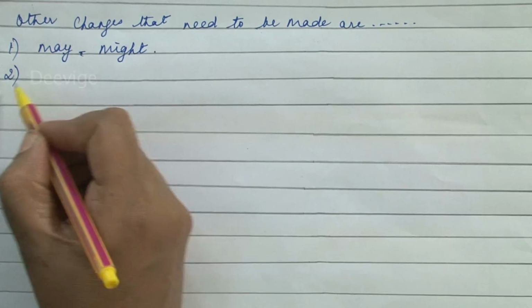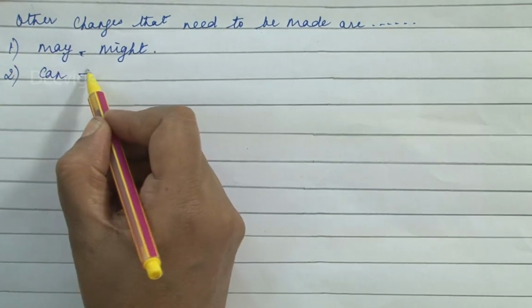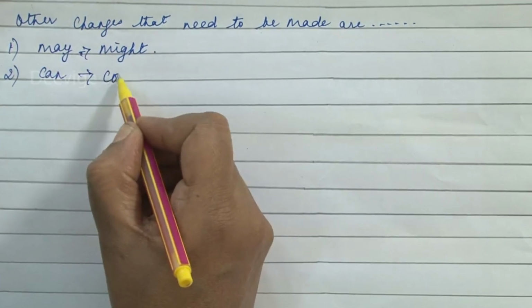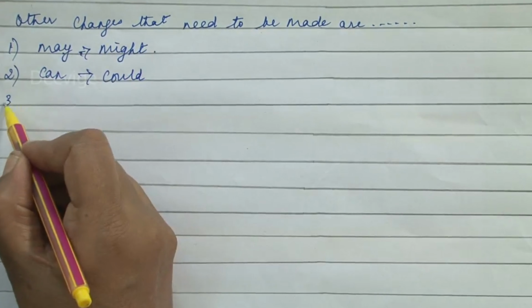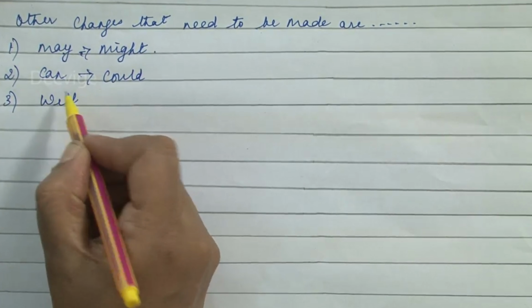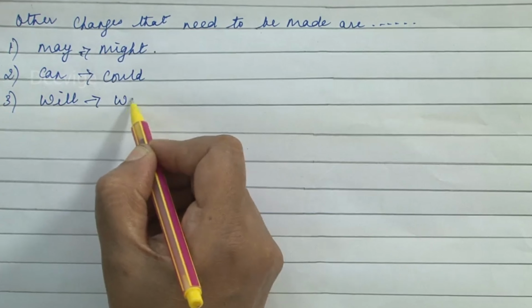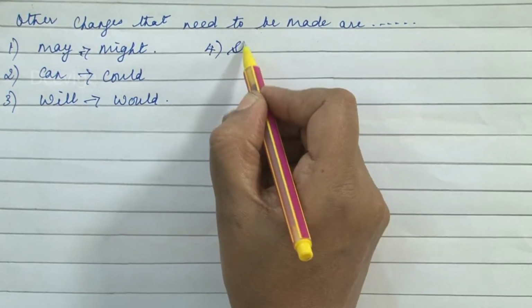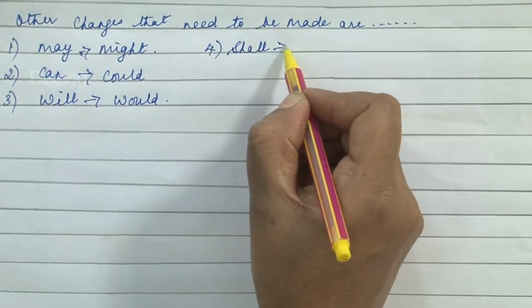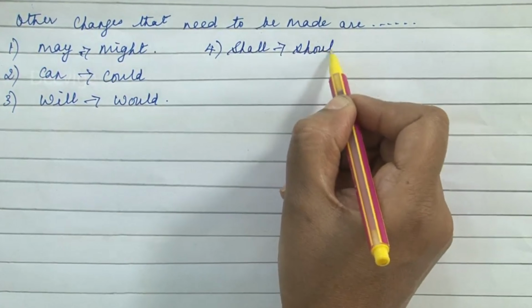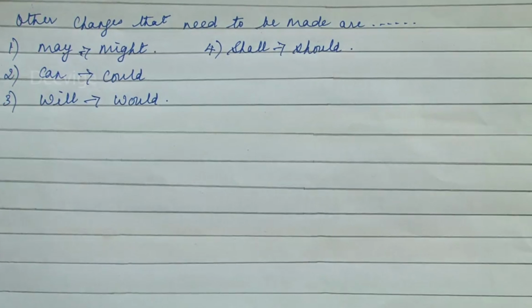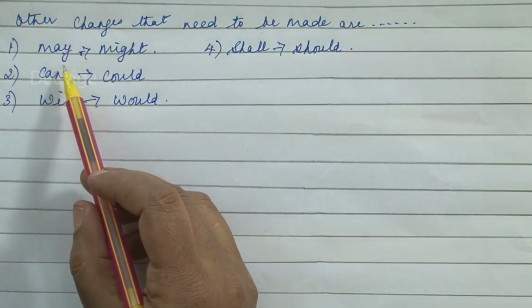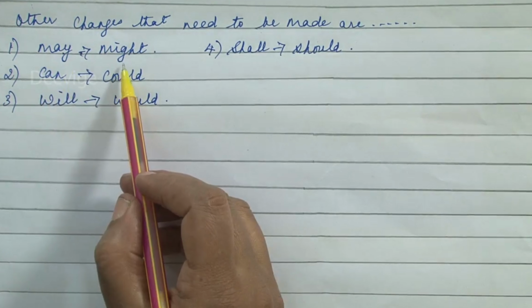If there is a word called can, it will change to could. If you have the word will, it changes to would. If you have the word shall, it will change to should.